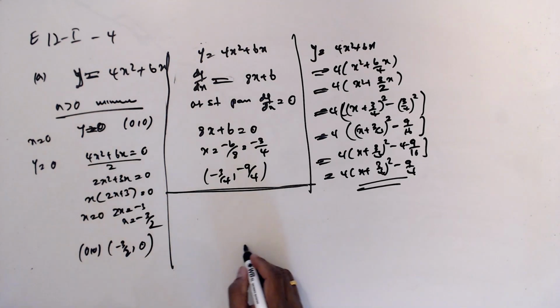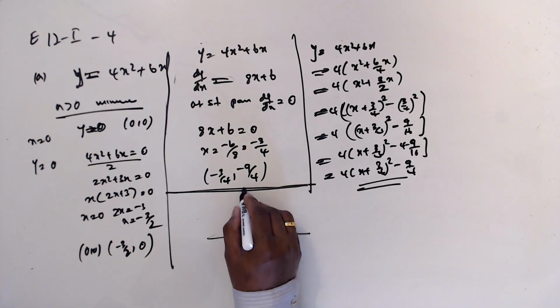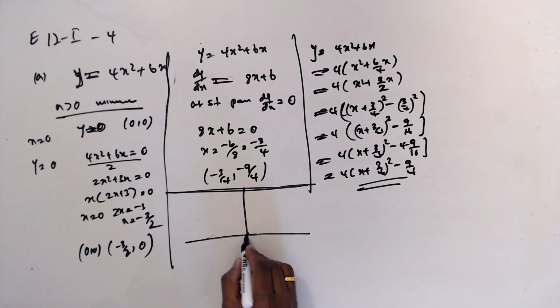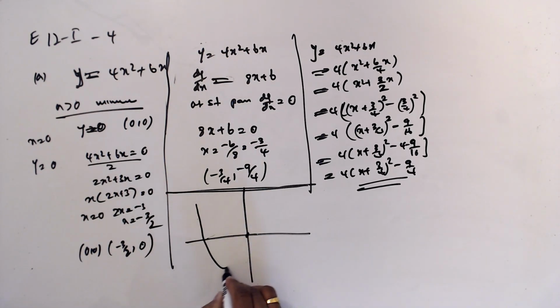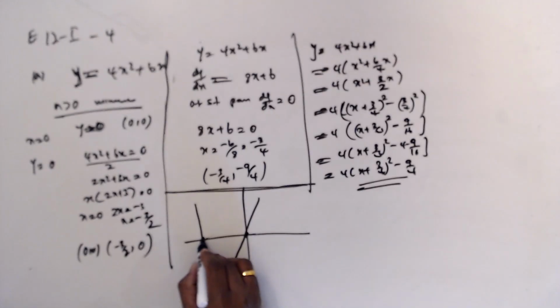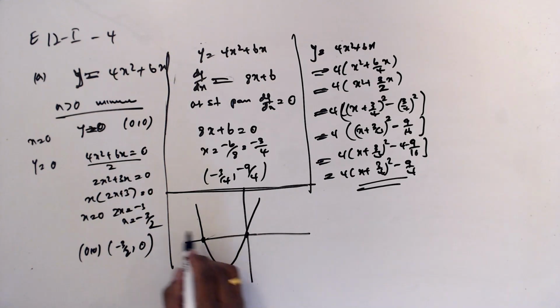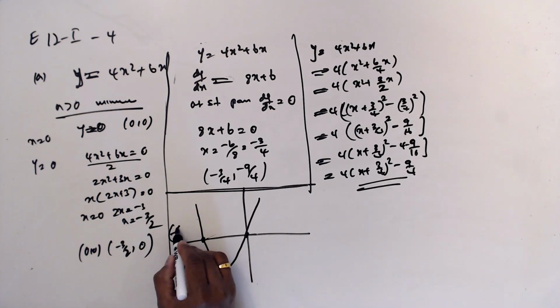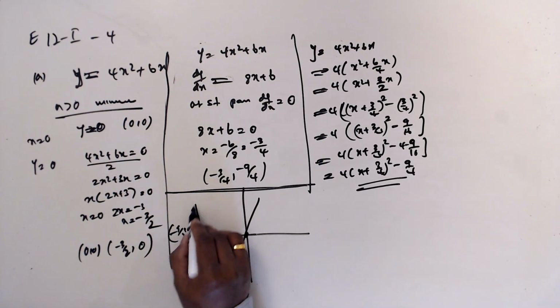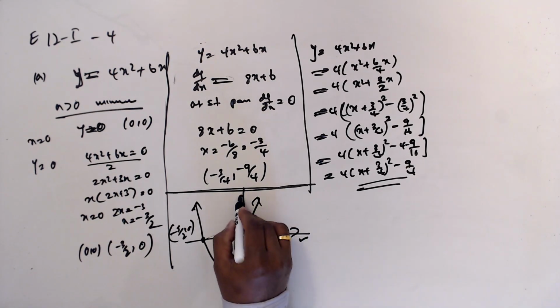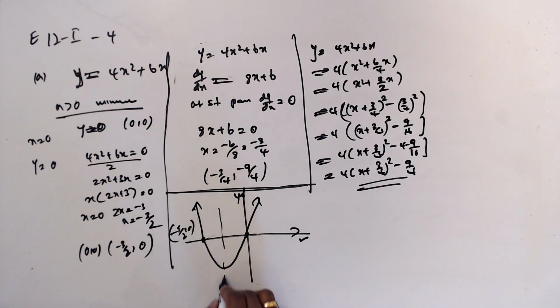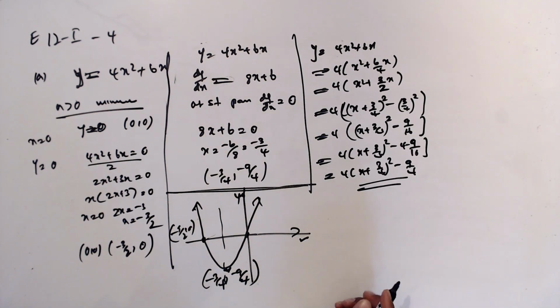Now we can draw the graph. It goes through (0, 0) like this. This point is (minus 3 over 2, 0), and this point, the minimum, is (minus 3 over 4, minus 9 over 4).